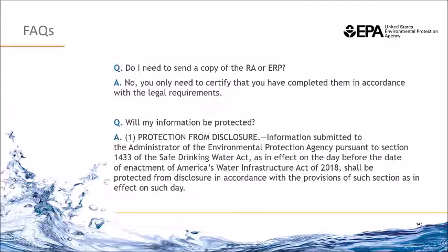The risk assessment and emergency response plan, in the future, EPA could request access to those documents to review, most likely for quality assurance. Your information is protected from the public, but we can request access to those plans and assessments.